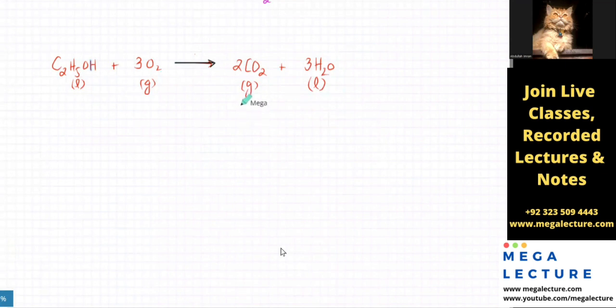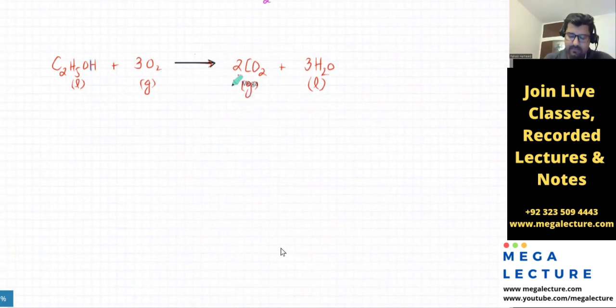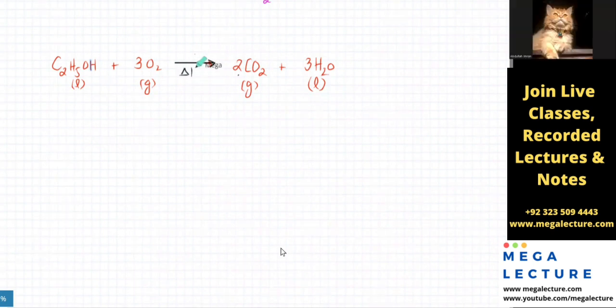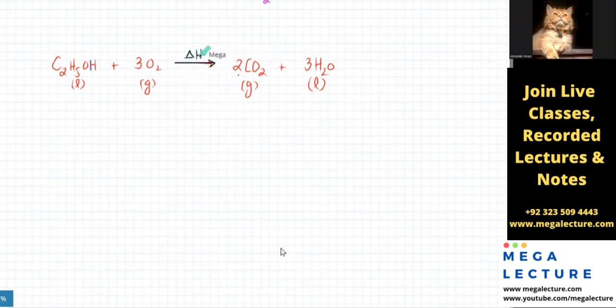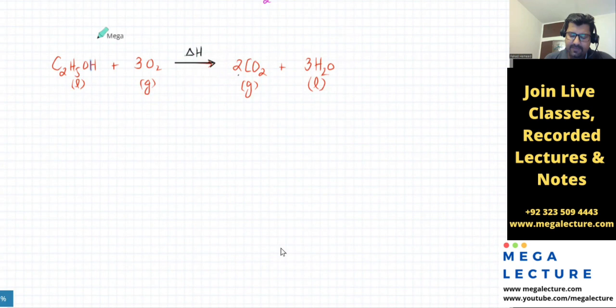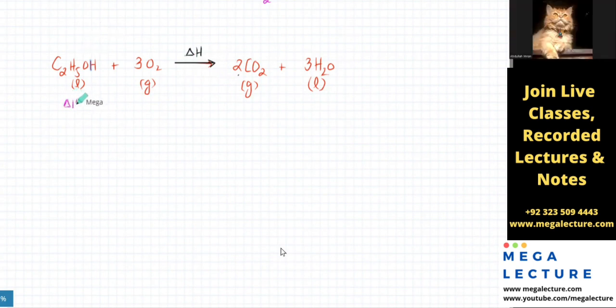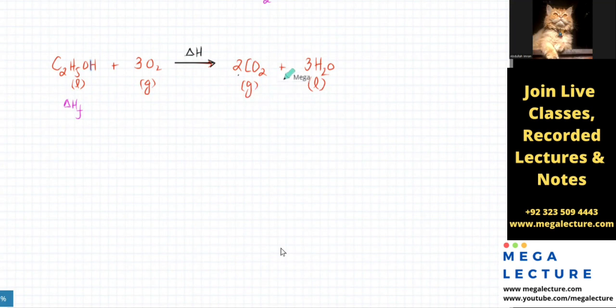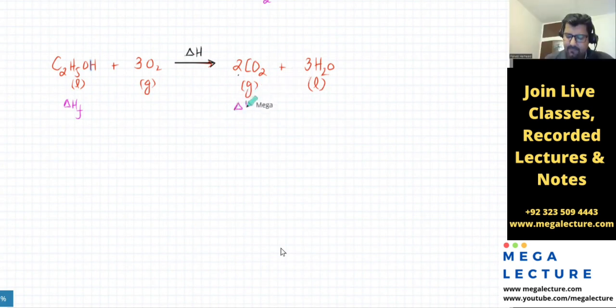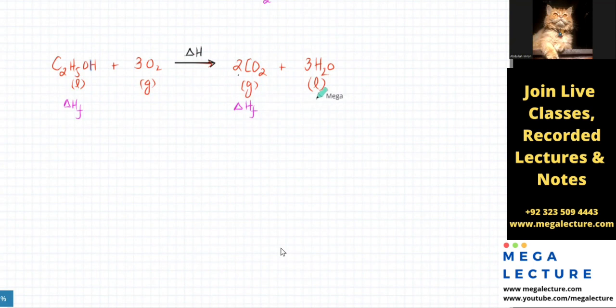And the data that they have given us: they've given us the enthalpy of formation of ethanol, right? You don't need to write the equation. That's the information that they've given us. They've given us the enthalpy of formation of carbon dioxide, and they've given us the enthalpy of formation of water as well.